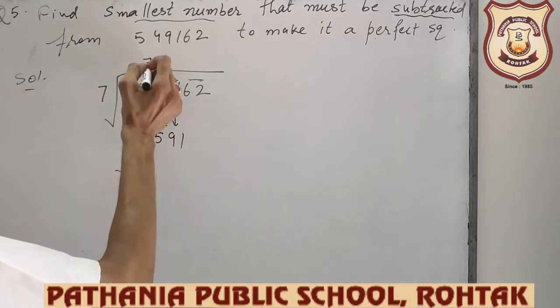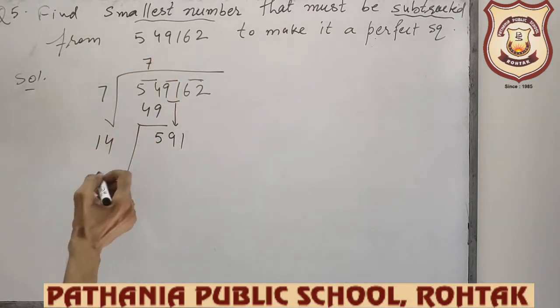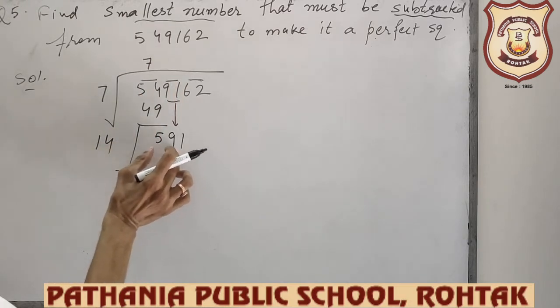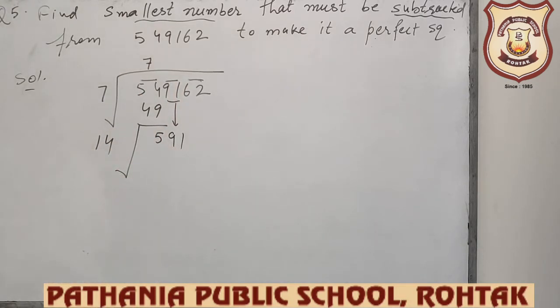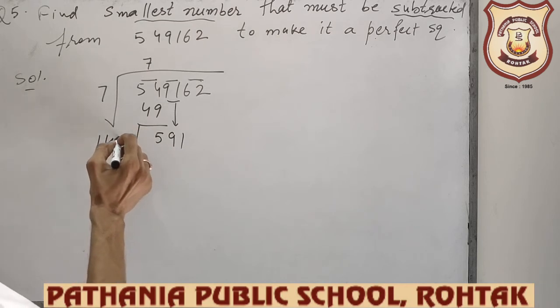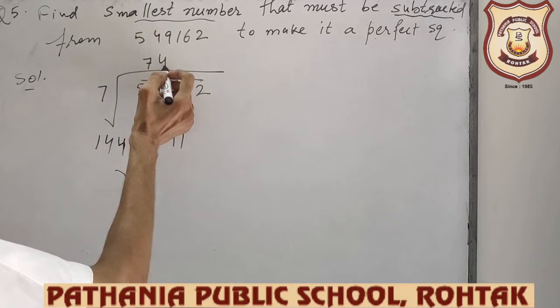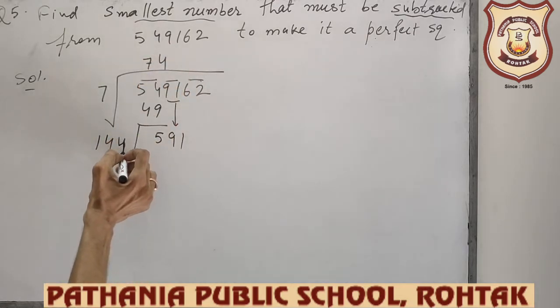The next step is double of 7, that is 14. Now try the 14 table up to 591. So 14 1s are 14, 14 2s are 28, 14 3s are 42, 14 4s are 56. So 4. Put that 4 in the quotient and also in the divisor.